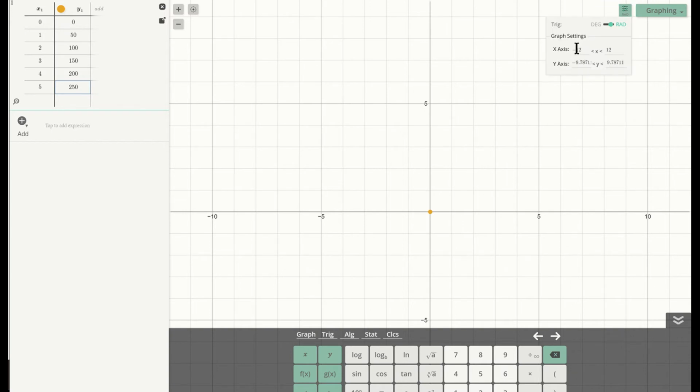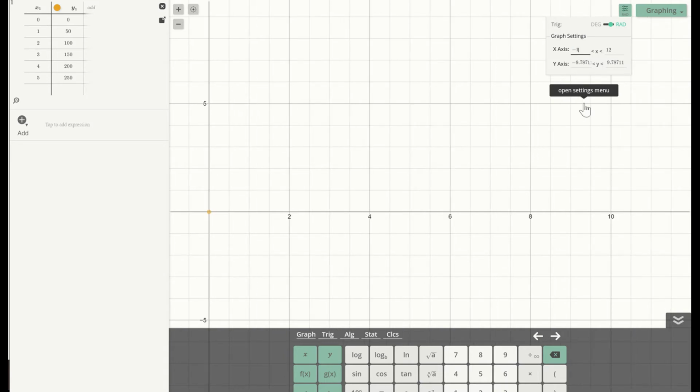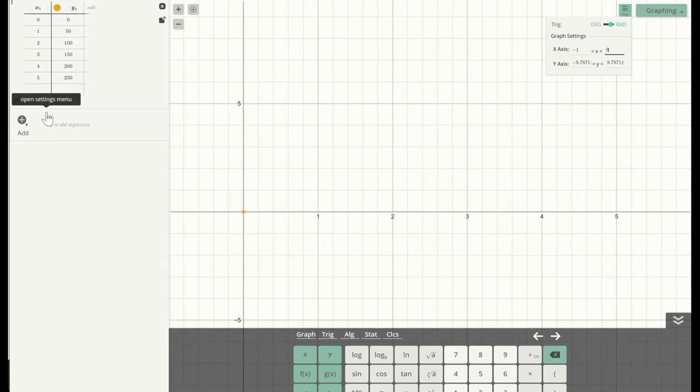So here we're going to change our x limits. Remember my values of x start at 0, so I'll just go a little bit to the left of 0 to leave me some viewing space. So I'll just click there and select Control A or Command A on a Mac and turn that into, say, -1 maybe. And then I'll click in this next one and push Control A or Command A to highlight it all. And I just need to go a little bit past 5 for best viewing, so I'll just go to 6.